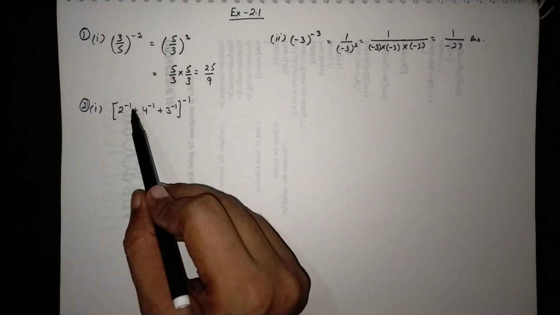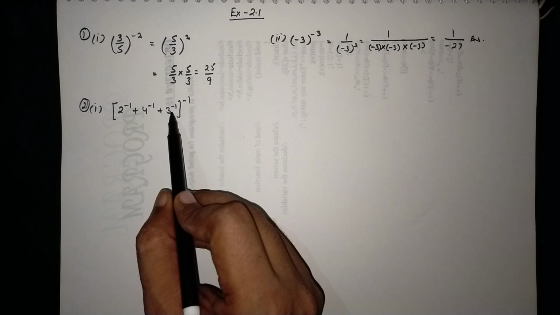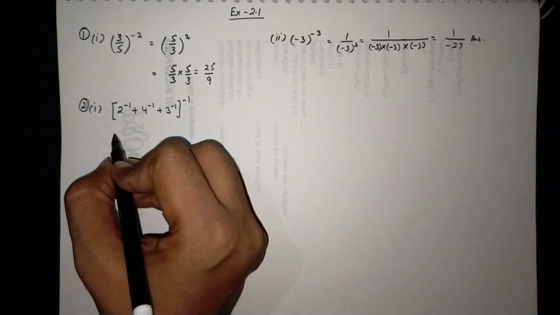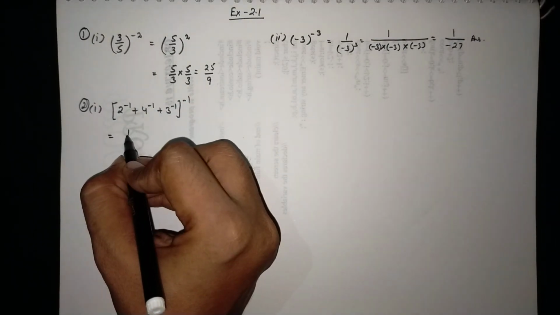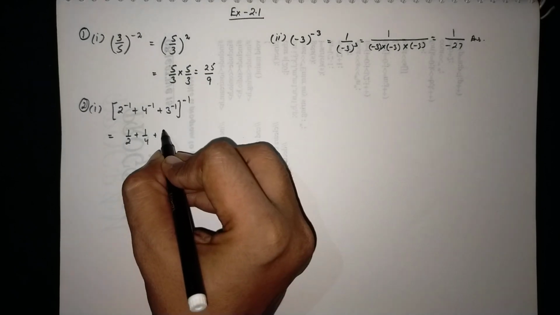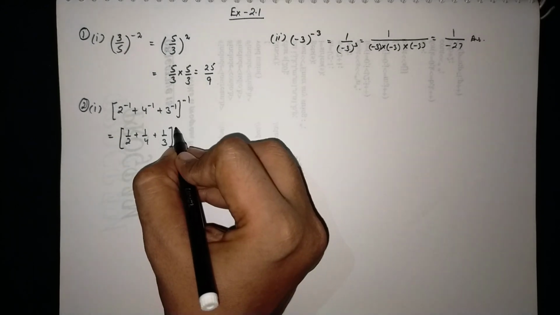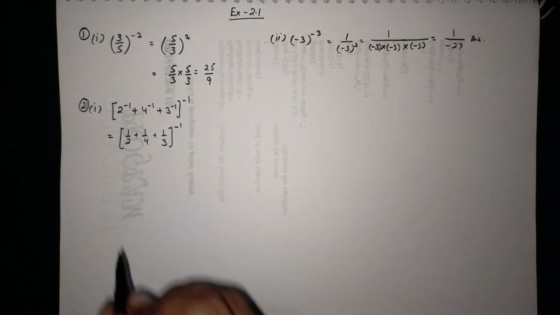Now very first of all, we have to solve the powers inside the bracket. So this can be written as 1 upon 2 plus 1 upon 4 plus 1 upon 3 whole to the power minus 1.